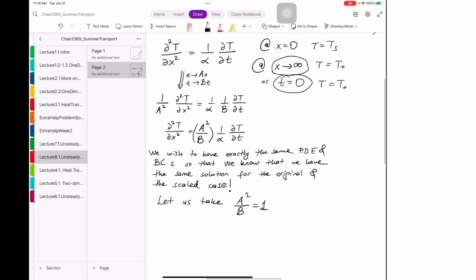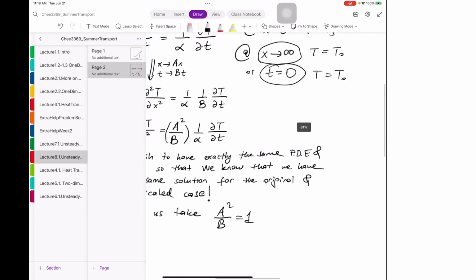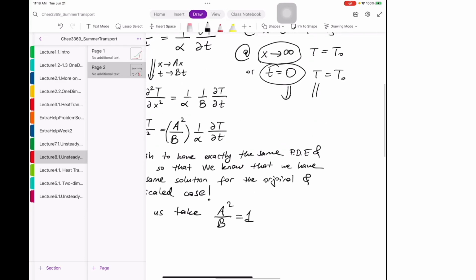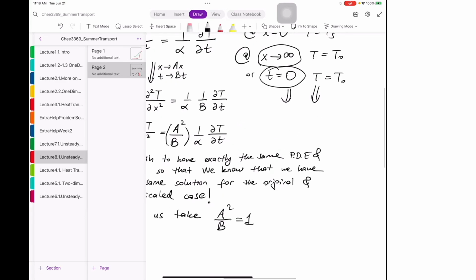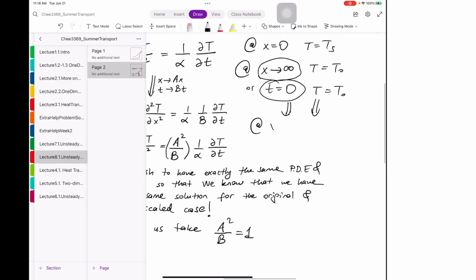And you can say that my boundary condition would change with the scaling argument as: at ax equal to 0, which means x equal to 0, it's not affected by the scaling, T is equal to Ts. And at ax goes to infinity, meaning x goes to infinity, T is equal to T0. And bt equal to 0 means t equal to 0, T is equal to T0.